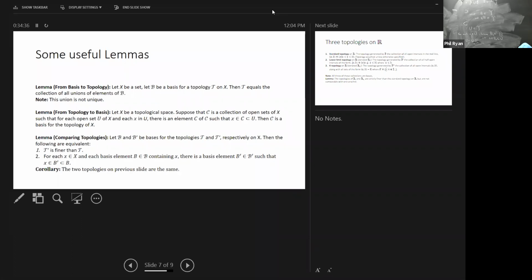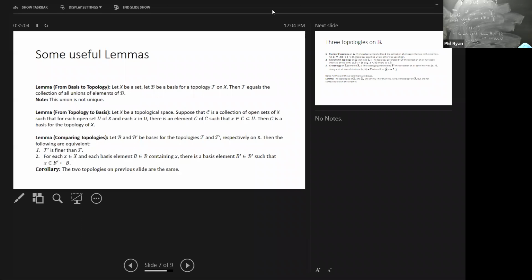No, but if you have Q cross Q, it's countable, right? And so you look at all (a, b) such that a and b are in Q, that would be a countable basis for the real line, wouldn't it?